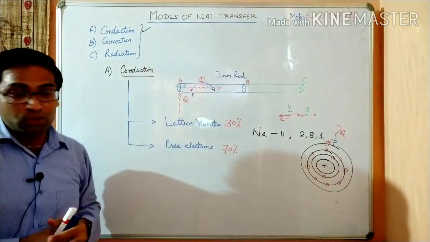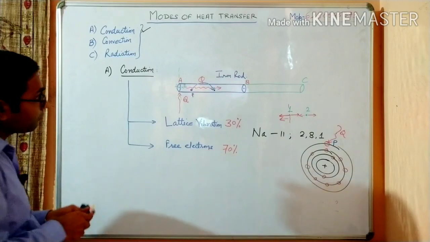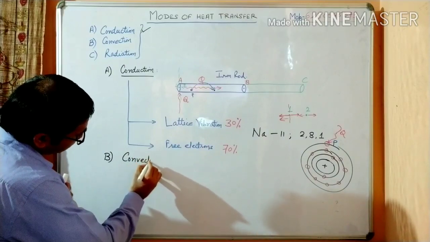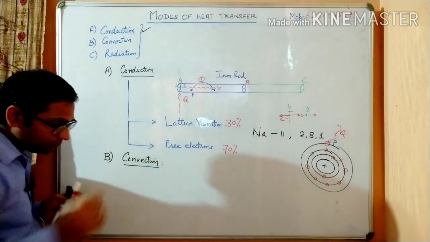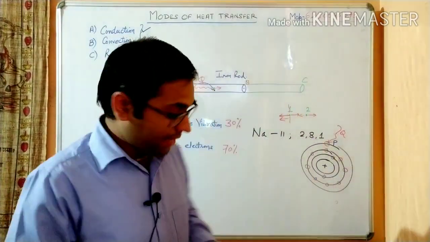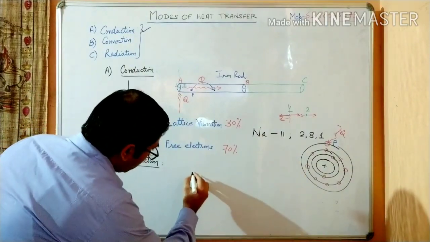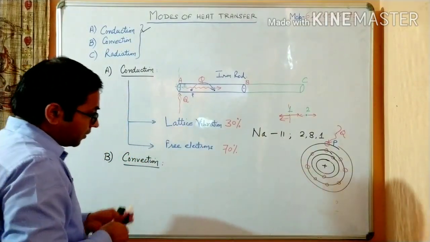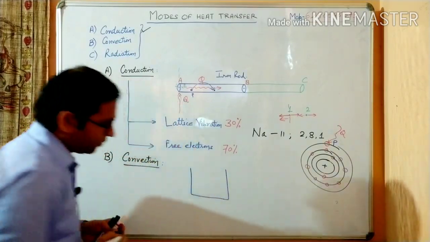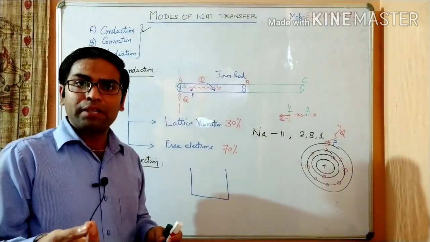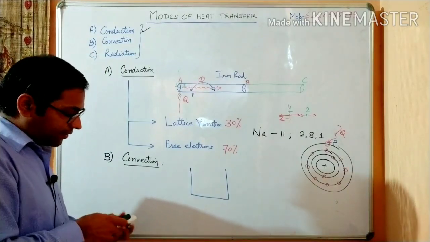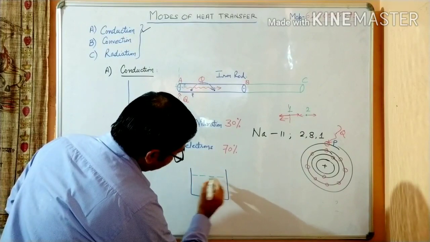Next one is convection. So let us see what convection is. To understand the convective mode of heat transfer, again let us take an example. Suppose we have a container or utensil or a bowl made up of a particular material, steel, copper, aluminium, and this contains some quantity of, suppose, water.